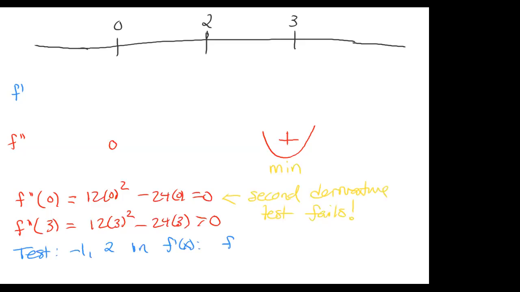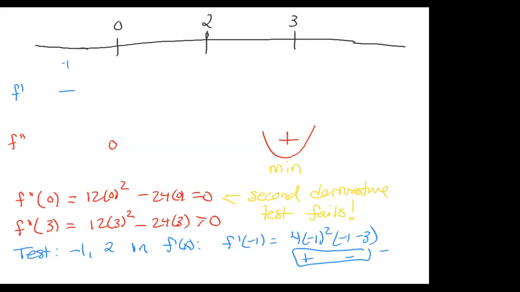So f prime of -1 is equal to, I factored this earlier, I'm going to use the factored form, 4 times -1 squared times -1 minus 3. This gives me something positive times something negative. That's negative.